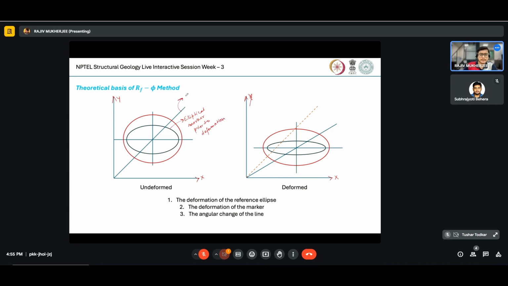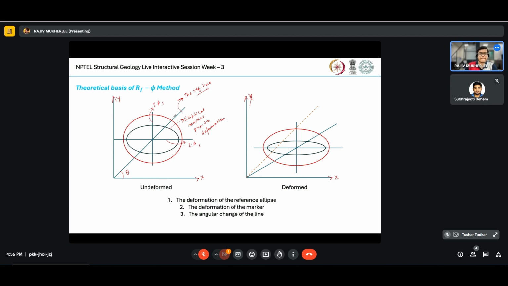This is the reference line. The initial angle is theta. This is long axis 1, and this is short axis 1.